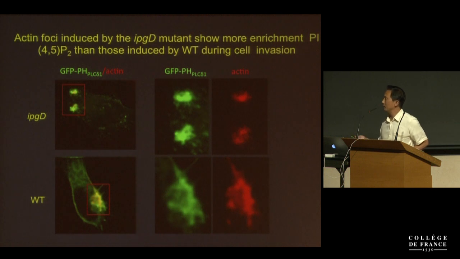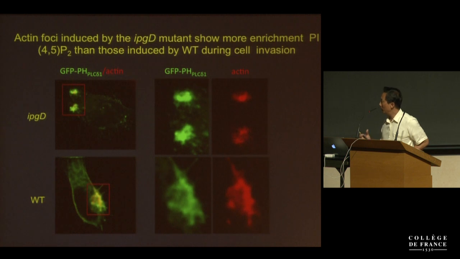So to explain this difference, again, we went over the same type of experiment that we did when we first tried to explain the local, long-lasting response induced by wild-type Shigella. Here we went through quantification of IP3, through GFP-PH labeling, and of the IP3 receptor.